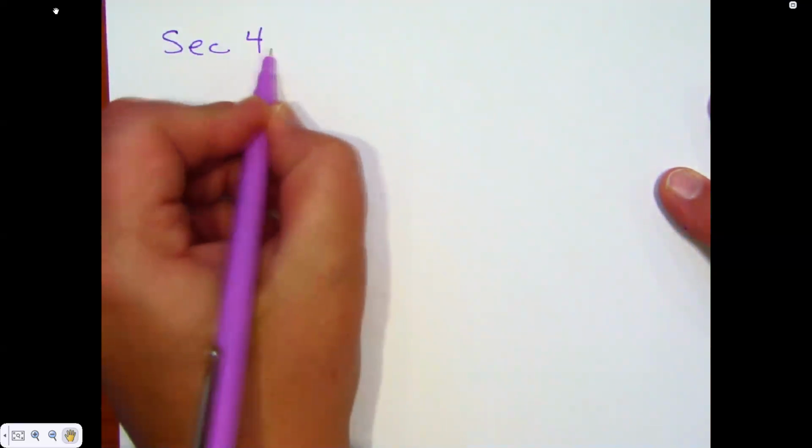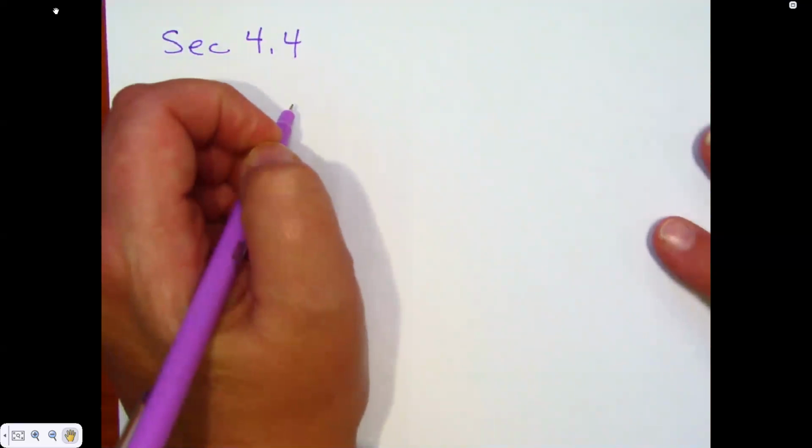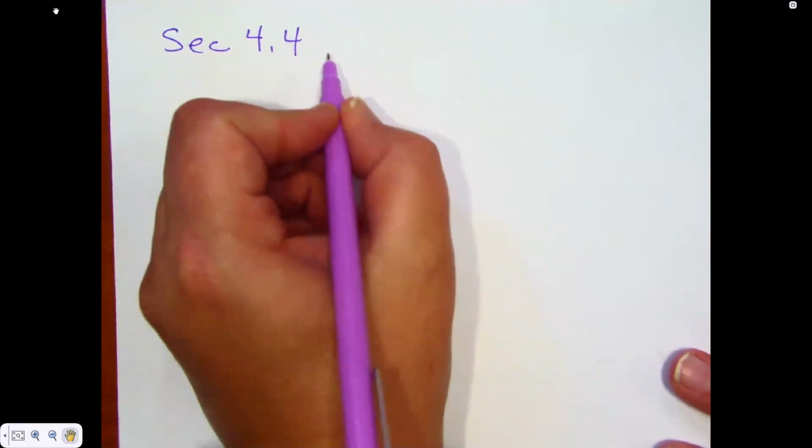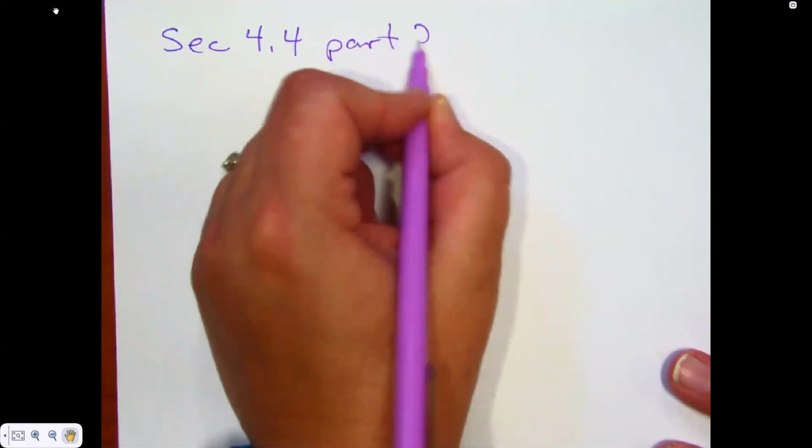Let's take a look. We got one more little thing to talk about. This actually comes from section 4.4. So we started 4.4 and then we went on, because I thought this would be a nice one to wrap up. So this is technically part 2.